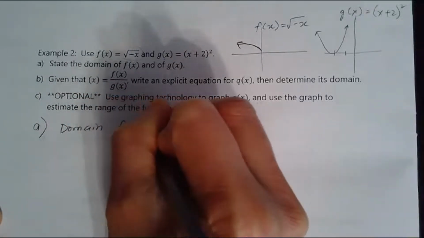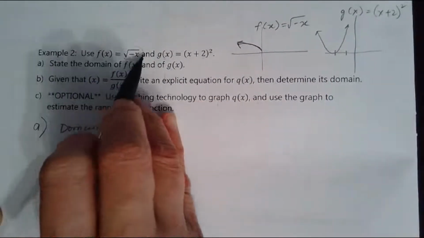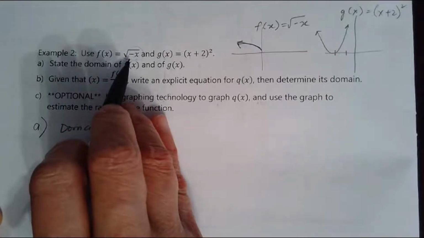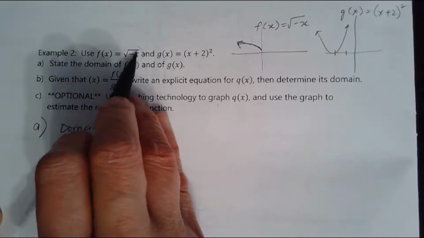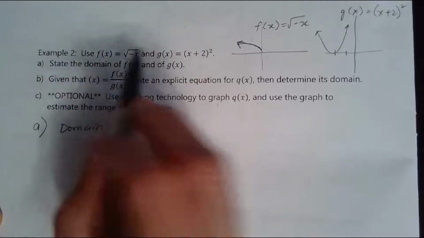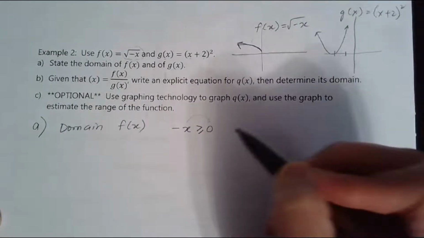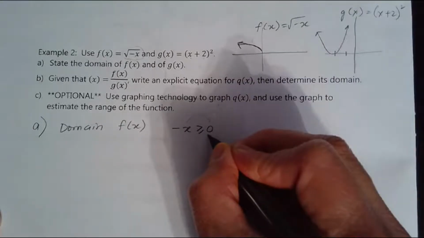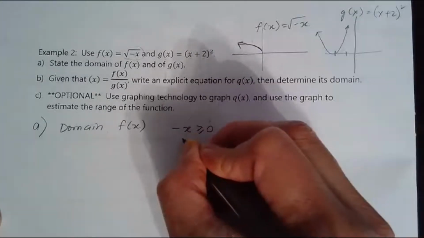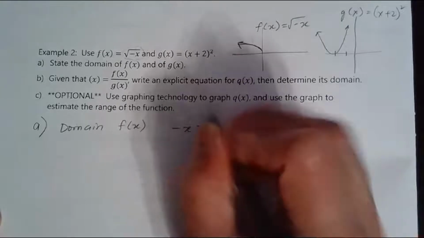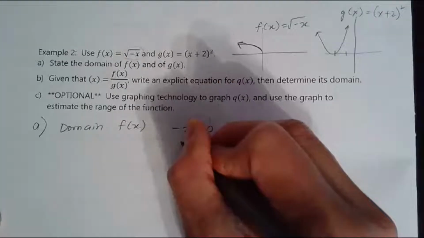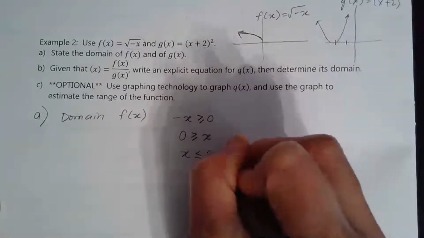Of f of x, we know that it's a square root function, and it's only defined when negative x is greater than or equal to 0. We can switch this to the other side to make it positive, so it's going to be 0 less than or equal to x.